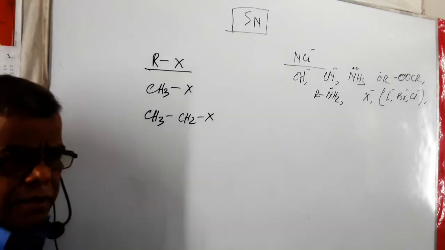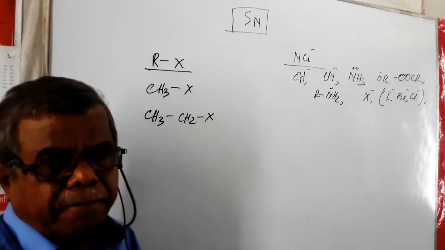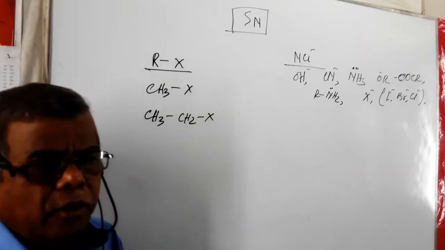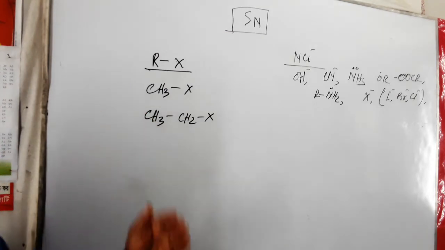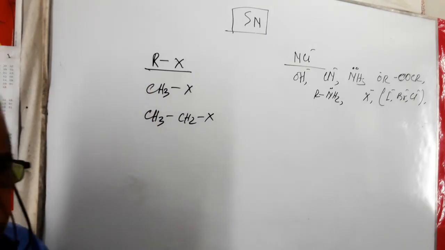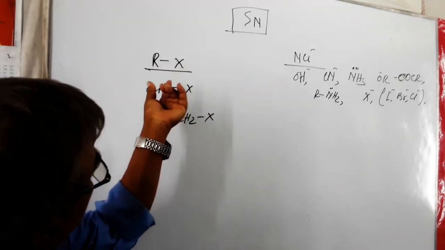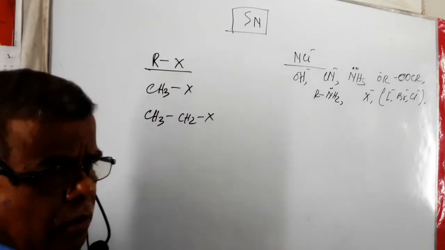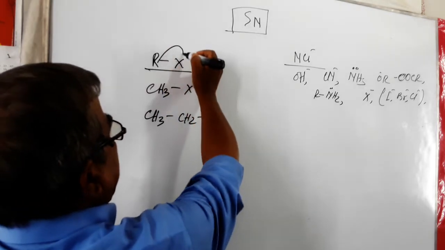In the case of alkyl halide, the electronegativity of halogen is greater than that of carbon, so the shared electrons forming the covalent bond between R and X shift towards halogen.